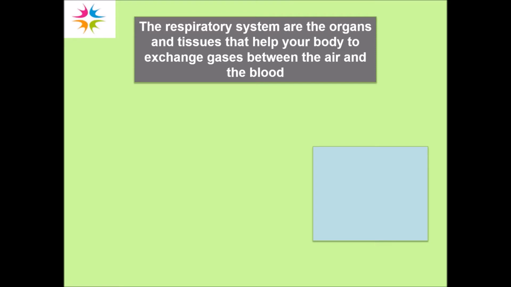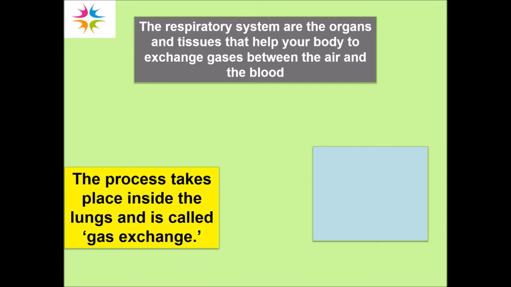The respiratory system are the organs and tissues that help your body to exchange gases between the air and your blood. The process takes place inside the lungs and is called gas exchange.